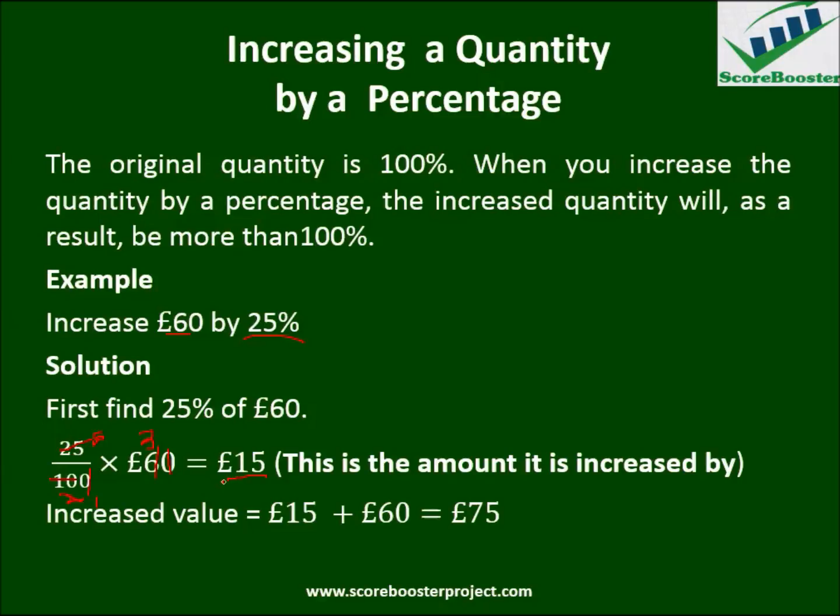Now to get the increased value, you simply add the 25% of 60 pound, which is 15 pound, to 60 pound. When you add 15 pound plus 60 pound, you have your result as 75 pound, which is more than the 100% value, which is 60 pound.